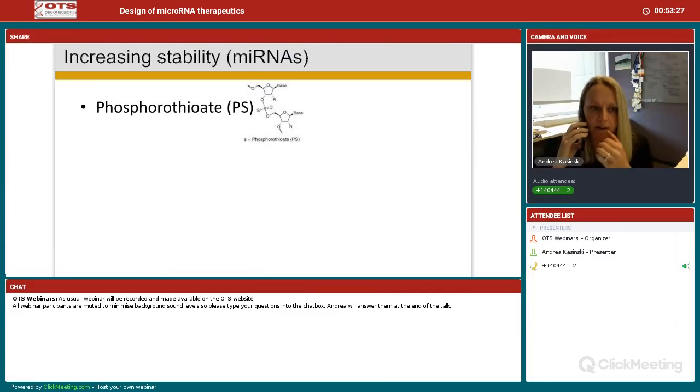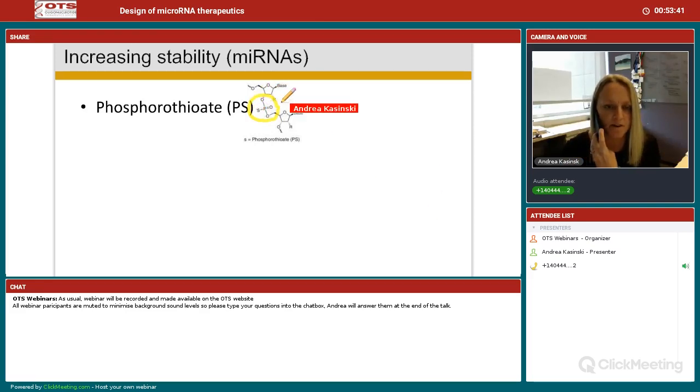So some of the stability modifications that can be done for a microRNA are certainly a little less than what can be done for an anti-miR. One of them that is in common is this PS linkage. So again, the PS linkage is very commonly used in microRNAs to enhance the stability, preventing nucleolytic cleavage.